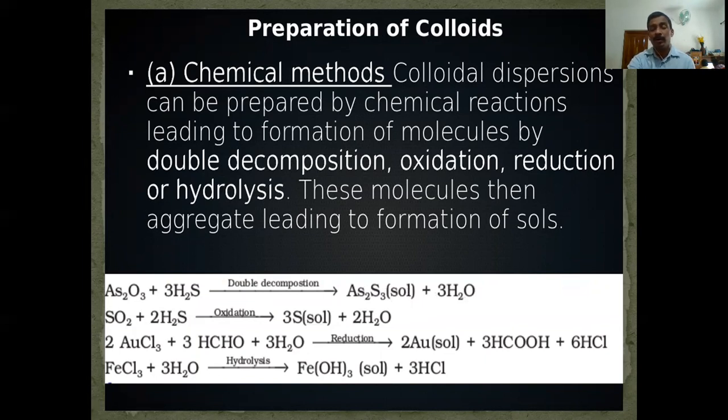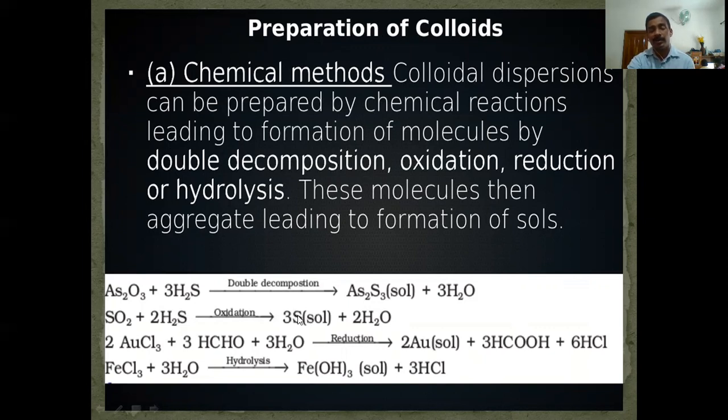Now sulfur sol can be prepared by the oxidation of H2S with sulfur dioxide. This is an example of an oxidation reaction. Oxidation reaction can be used for the preparation of sulfur sol.